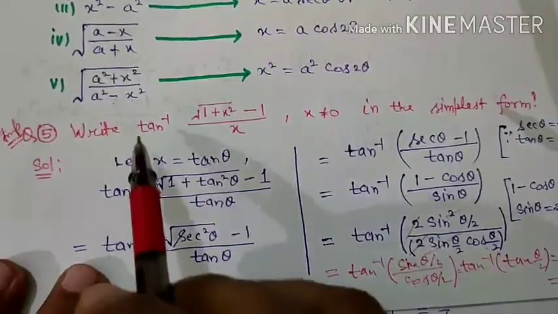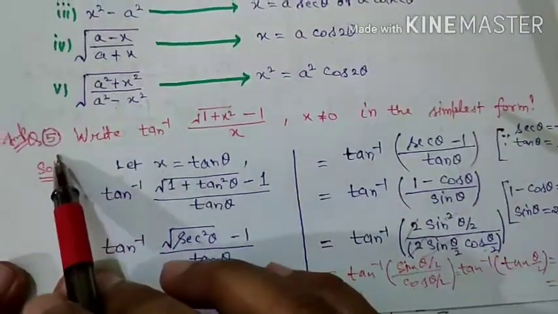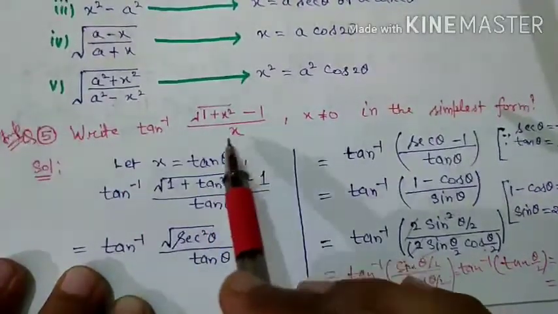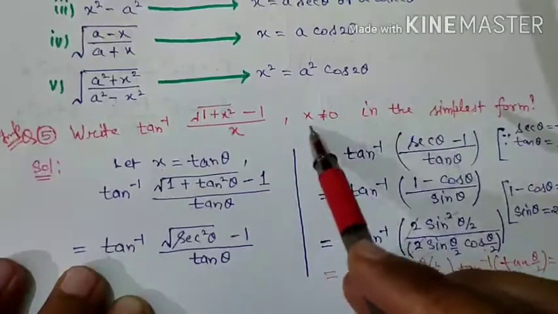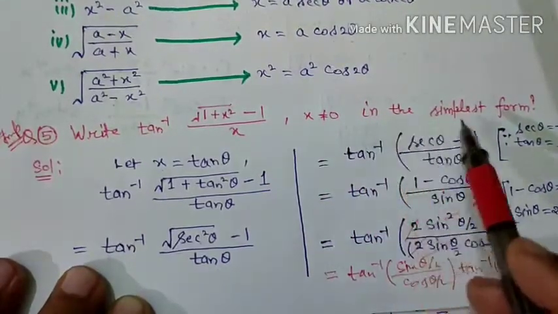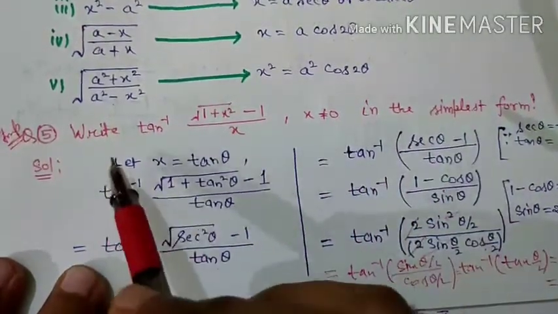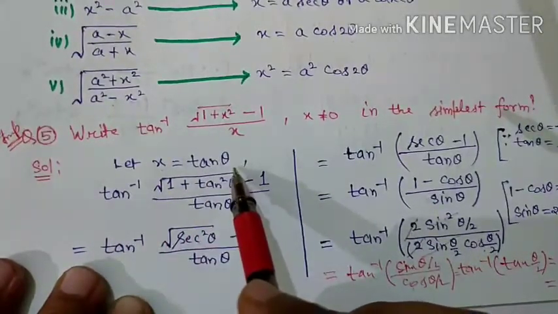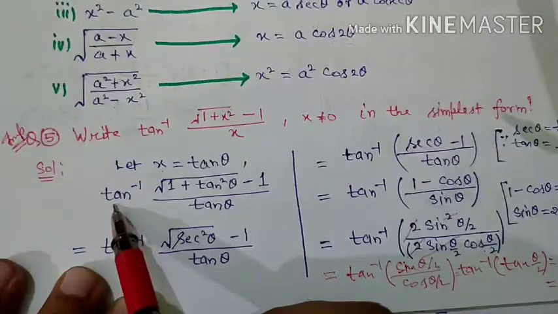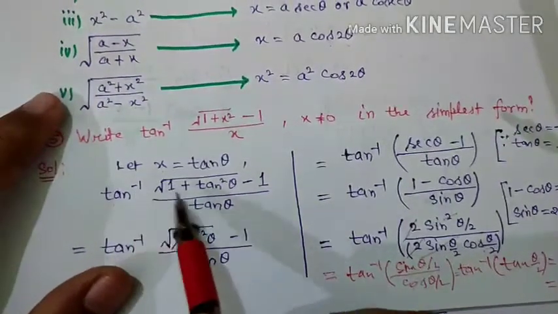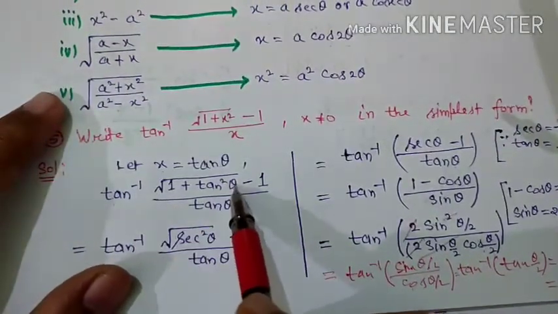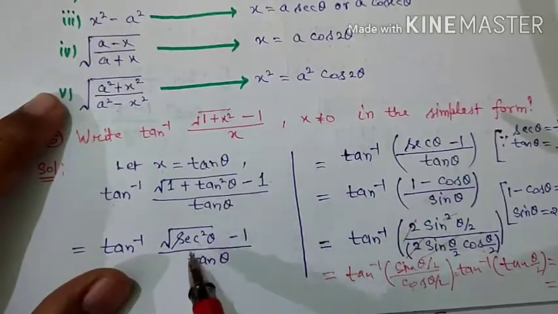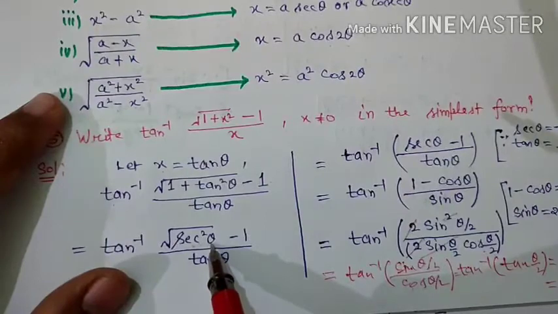Now we are applying this kind of substitution in question number 5 of NCERT. Write tan inverse of (root of 1 plus x square minus 1) upon x, where x is not equal to 0, in the simplest form. So what we have to do is let x be tan theta. In that case, tan inverse of (root of 1 plus tan square theta minus 1) upon tan theta. 1 plus tan square theta, we know, is sec square theta.